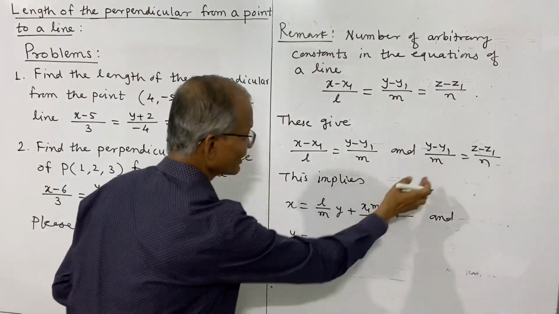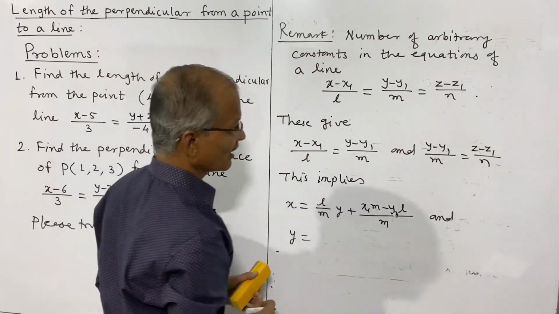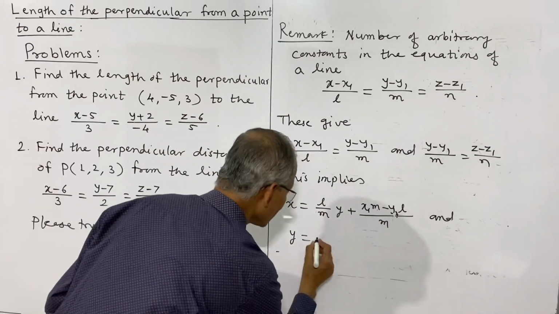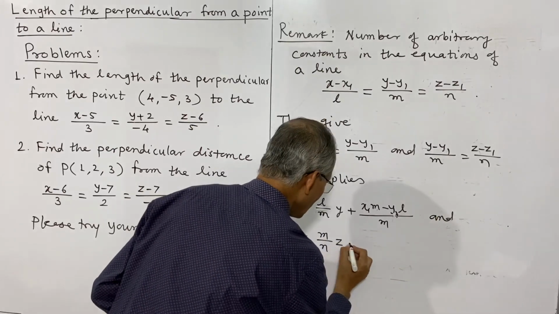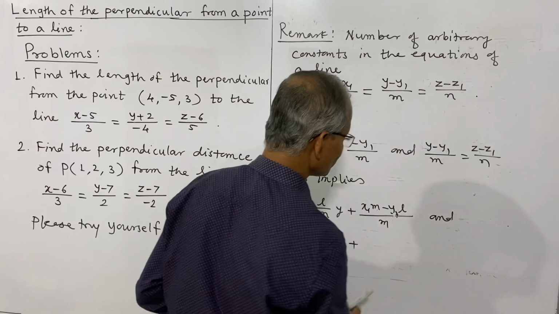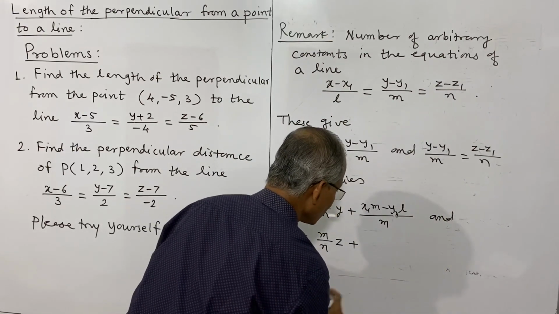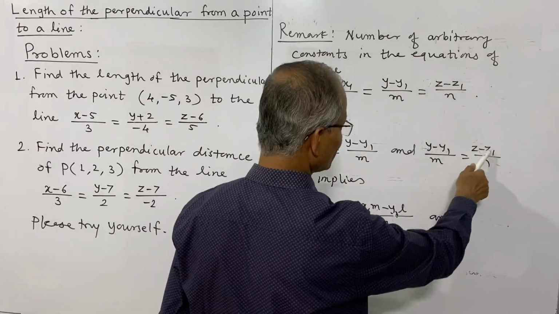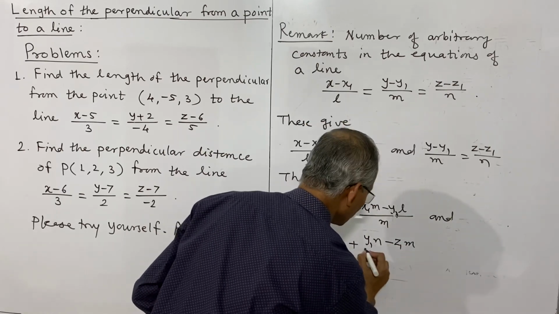from the second equation, y will be, shift this m to that side, multiply both sides by m, and then shift this minus y1 to that side, and that will be m by n into z plus y1 n minus z1 m divided by n.